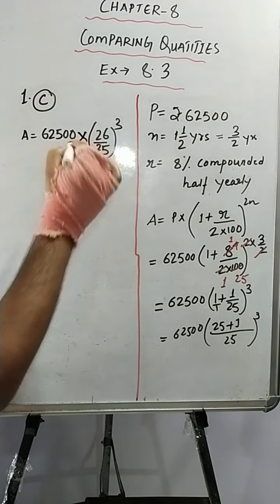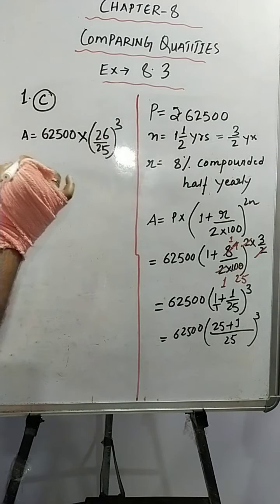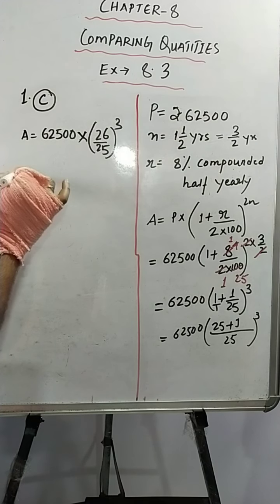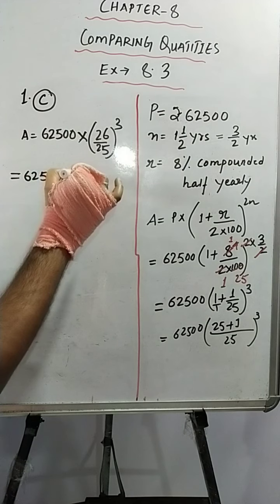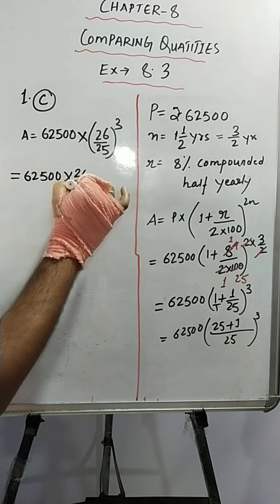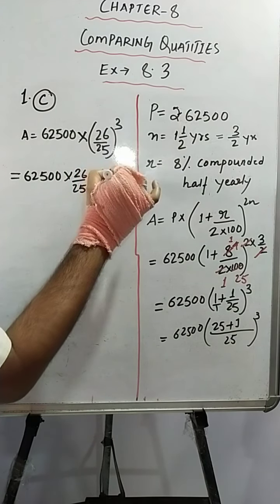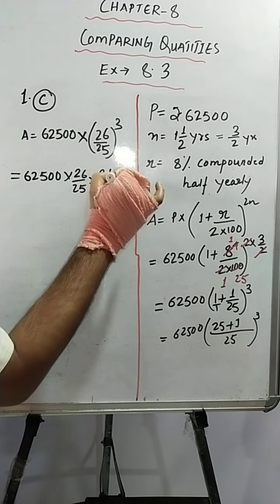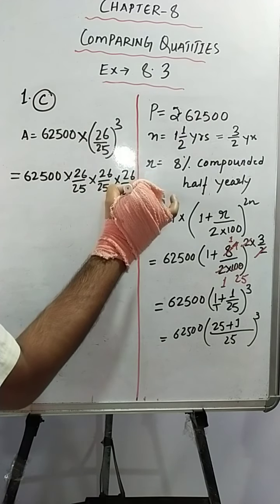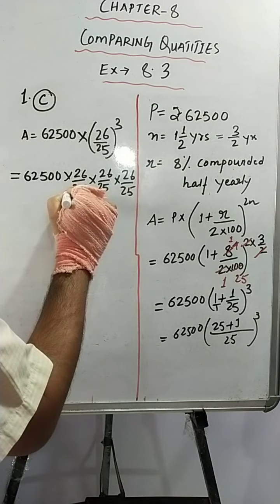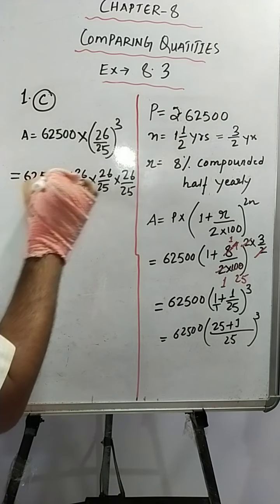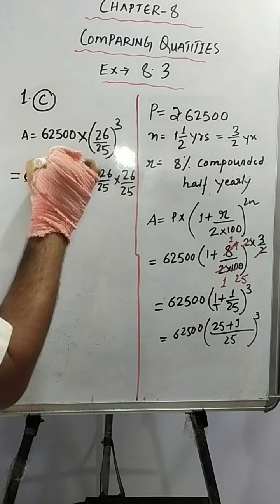Okay, now let's expand this. 62500 into 26/25 into 26/25 into 26/25. So what will be the answer? Now you have to reduce this. 25 ones are 25, hundreds.